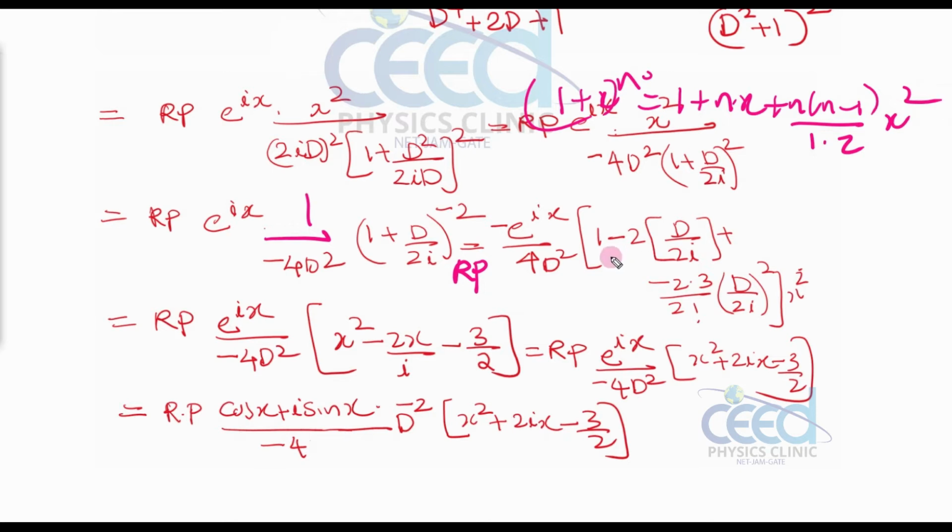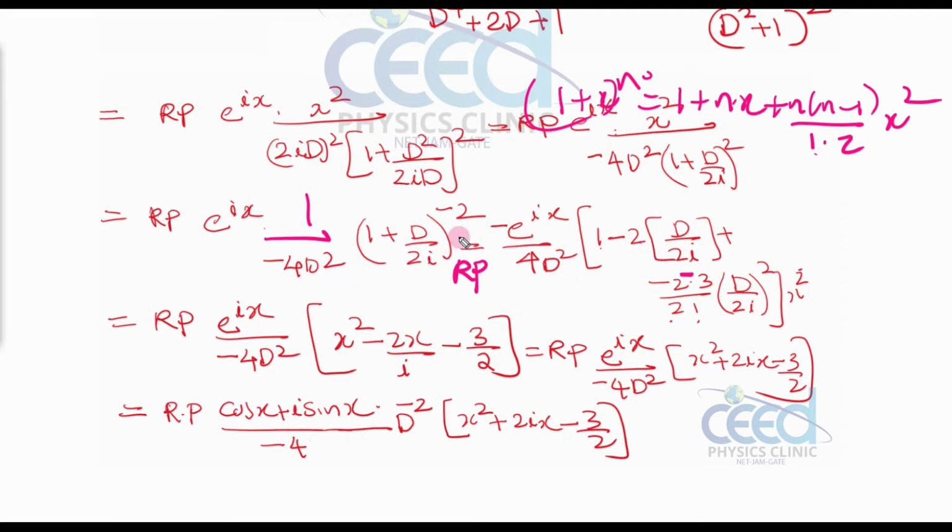If I am expanding like that, here n is minus 2, so minus 2 into x is d by 2i, plus n into n minus 1, minus 2 into minus 2 minus 1 is minus 3, so keep the sign, minus 3 by 1 into 2, that is 2 factorial, into d by 2i the whole square, into outside we have this x square.